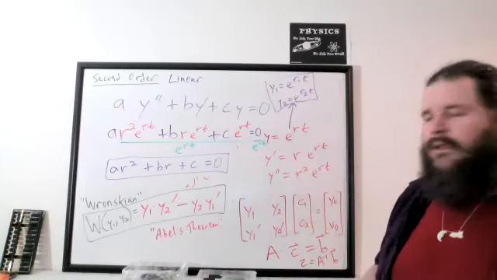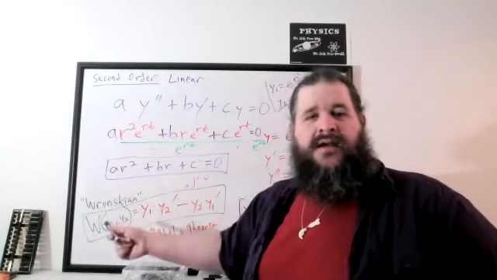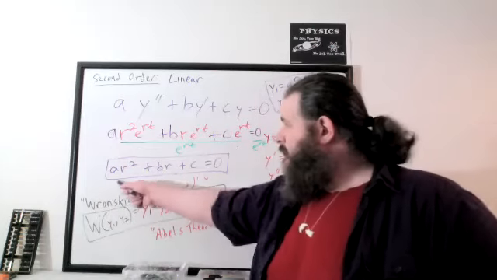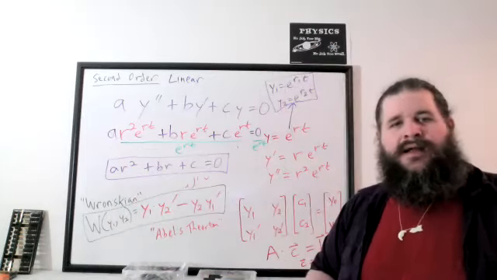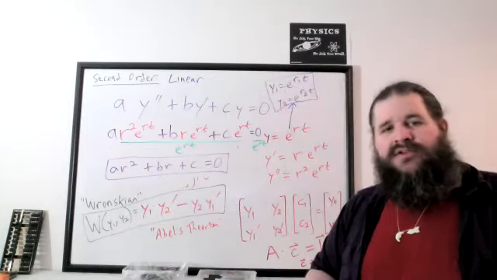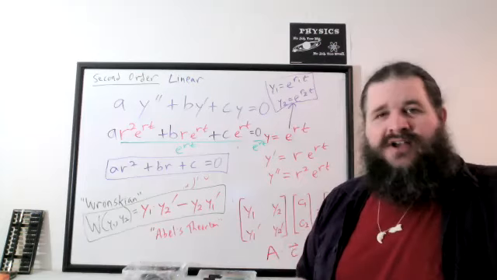Plug that and its derivatives into the differential equation, divide both sides by e to the rt, and it will become a quadratic. As long as you can solve that quadratic, that tells you the values for r. And as long as you get 2 different values, e to the r1t and e to the r2t are your 2 independent solutions. And then, of course, linear combinations of those with unknown coefficients c1 and c2 will give you the general solution.